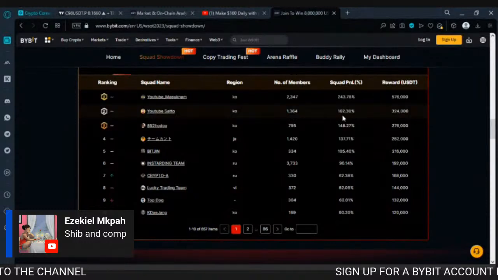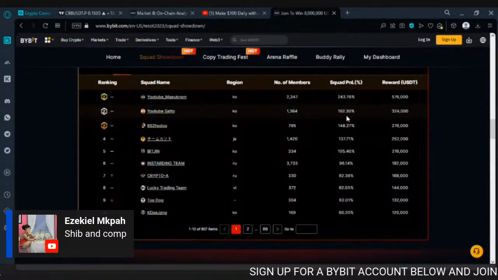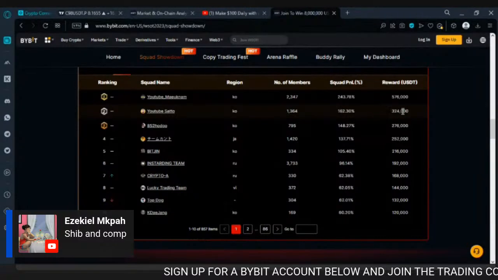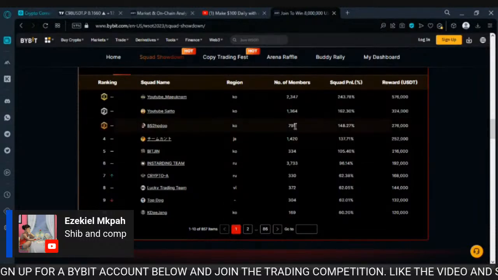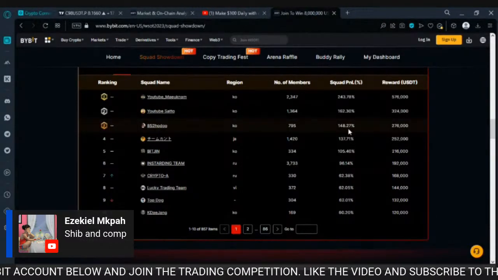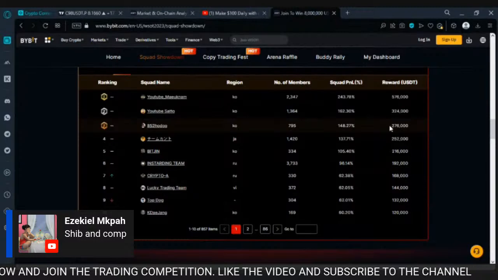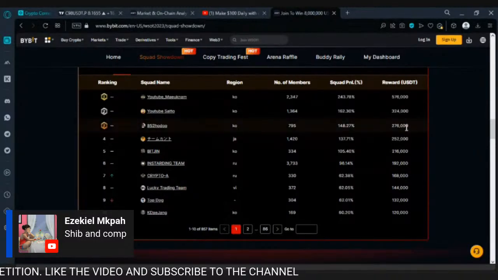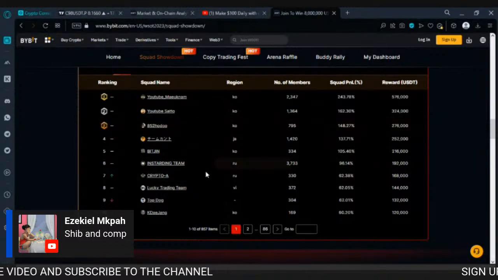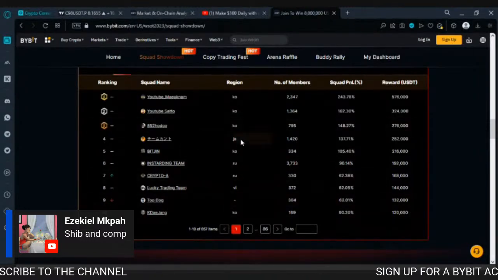The next is equally a Korean squad with 1,300 plus traders. They have made over 162 percent, and they have $324,000 in reward. Another Korean squad with 700 persons has made 148 percent in PNLs, with $200,000 in reward.